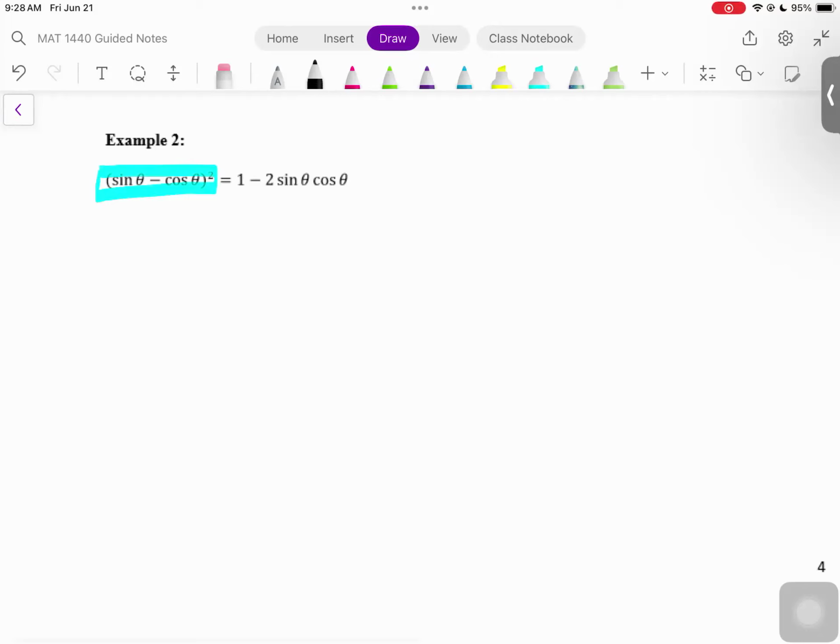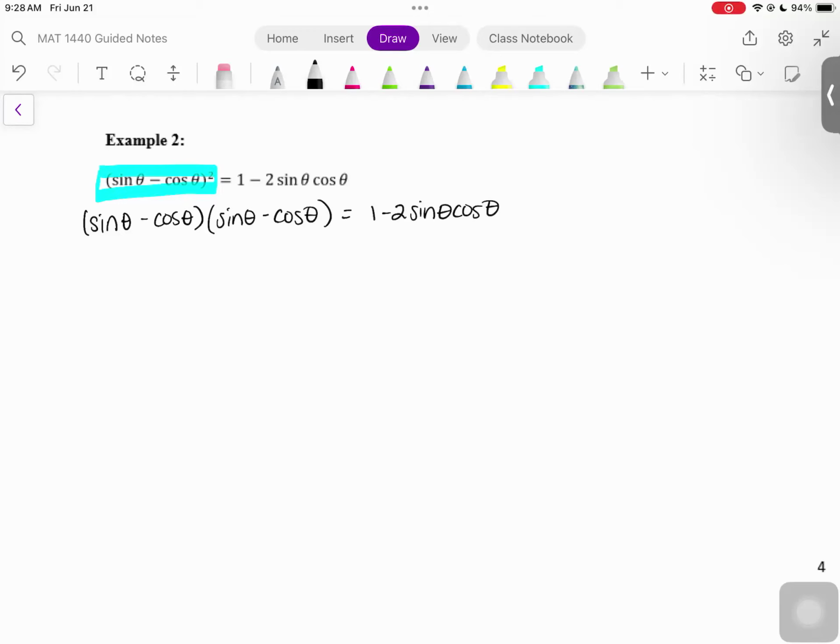Sine theta minus cosine theta, that quantity being squared, we're going to FOIL that out. And I'm going to write my binomial twice to help me see that FOIL. Sine theta minus cosine theta times sine theta minus cosine theta equals 1 minus 2 sine theta cosine theta.